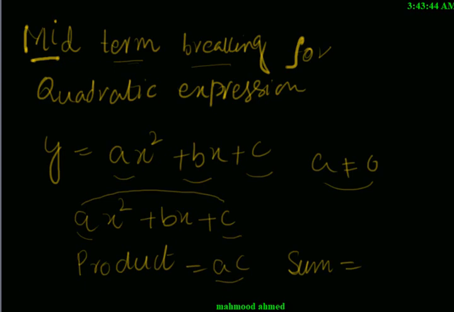Second, you must always write the expression in descending order. In descending order, first should be x square, then x, and then the term without x. You come from the highest order to the lowest order. So in this case the product is ac and the sum is b.